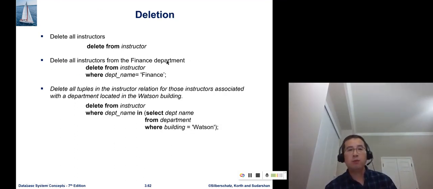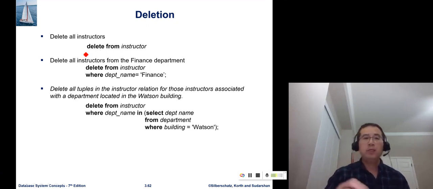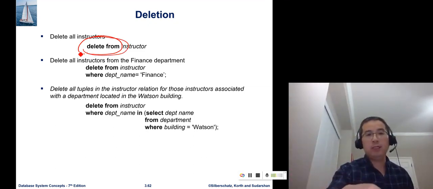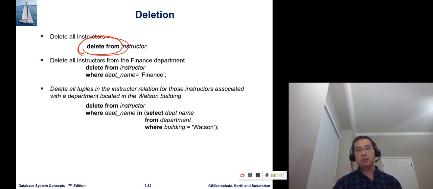The first one is deletion. If you want to delete data, we use delete. If you want to delete a table, we use drop. Here we talk about the data. For example, you want to delete all instructors, so delete from. Many students add something in between, but in fact delete from as a whole is the keyword.